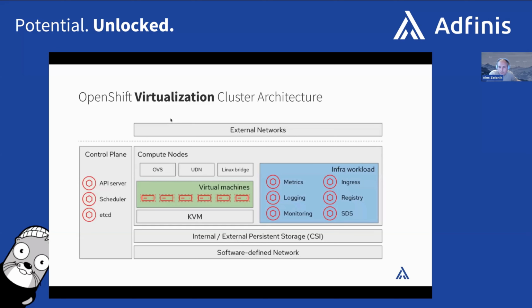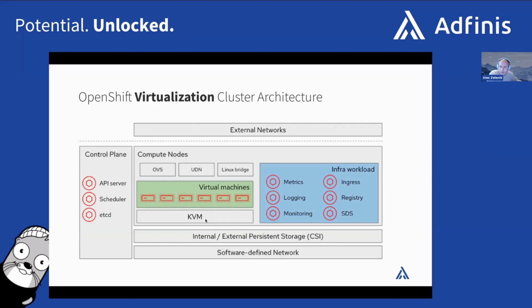So now, how that looks in the cluster architecture. All those components that you see here in gray, apart from KVM and virtual machines, are components that are part of standard OpenShift. The addition that the OpenShift virtualization operator adds is support for KVM and running virtual machines on top of that KVM.